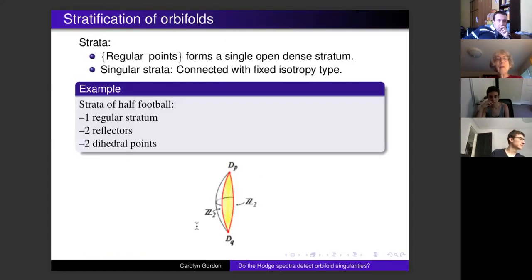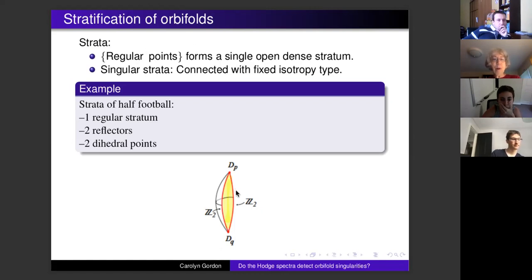And orbifolds are stratified spaces, smoothly stratified, so the strata are manifolds. The regular points form a single open dense stratum. I'm always assuming my orbifolds are connected. So there's a single stratum of regular points, and then the singular strata are connected components of the set of singularities with a fixed isotropy type.